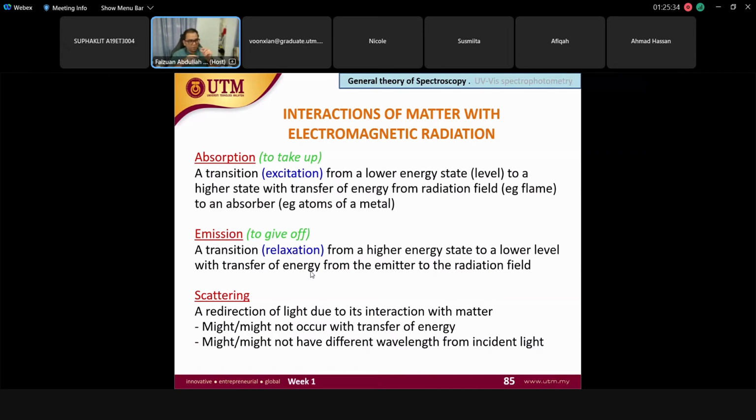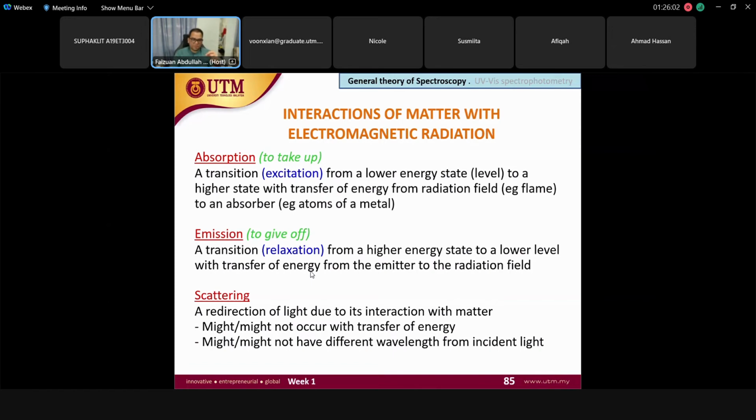For the electron to excite from a lower energy state to a higher energy state, it will absorb the energy. So absorption happens when the molecules or atoms absorb the energy. It will transition, it will excite from a lower energy state to a higher energy state.